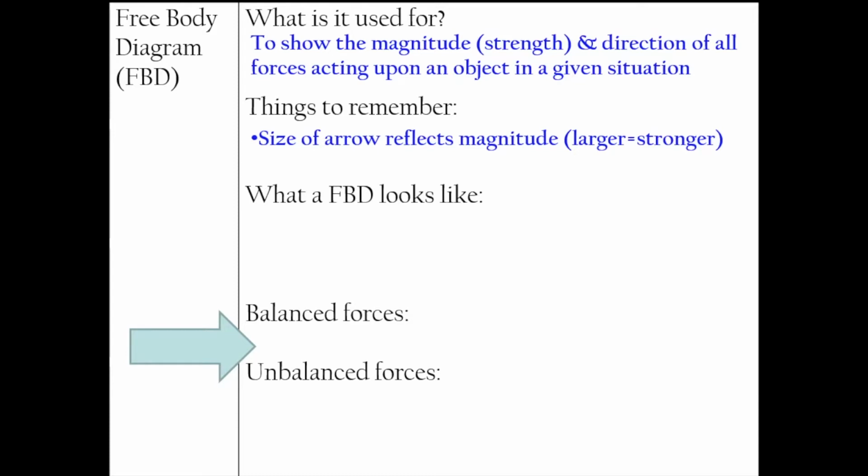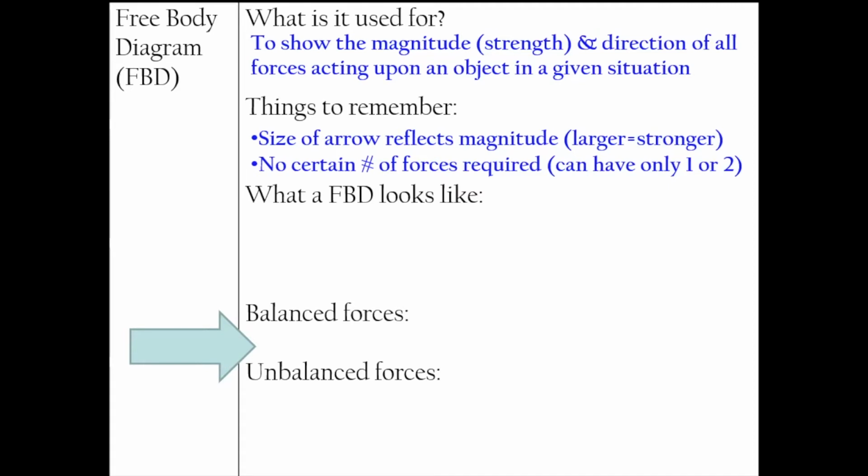All right, make sure that the sizes are accurate to what we're talking about. If two things are equal to each other, they should have the same size arrow. If one is bigger than the other, then it should have a bigger arrow. There is no certain number of forces required. You can have 1, 2, 3, 100, it doesn't matter.